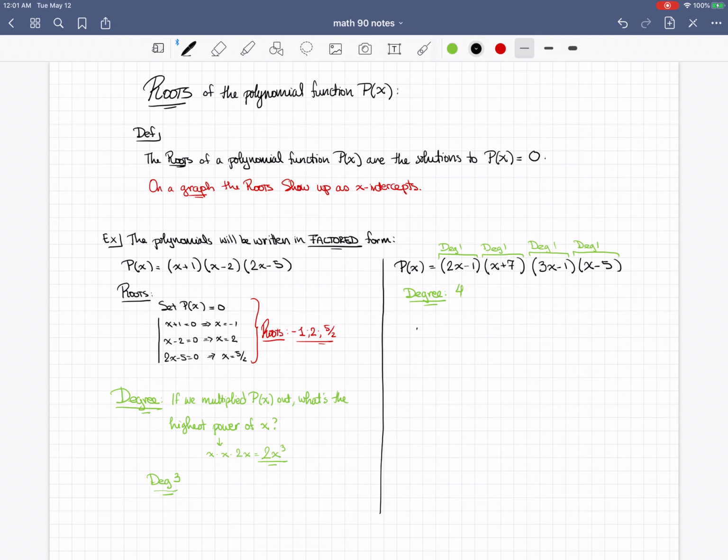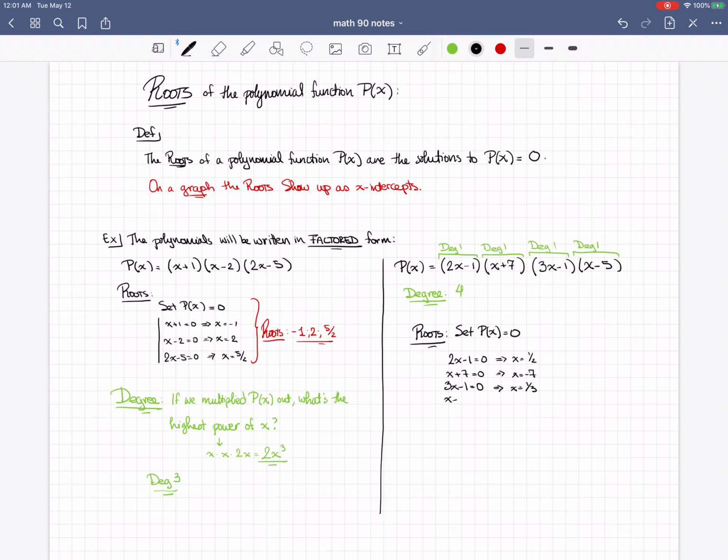All right, so now let's think about the roots. Again, we have this luxurious situation where it's written for us in pre-factored form. So we already know that if a product is equal to 0, then we just set the factors to 0 one by one. So, okay, here goes. 2x minus 1 is 0, so x is a half. x plus 7 is 0, so x is negative 7. 3x minus 1 is 0, so x is 1/3.